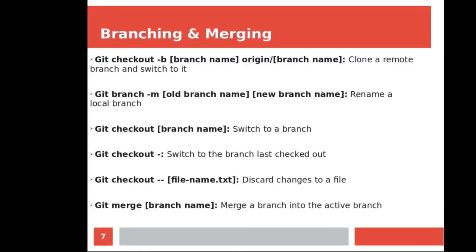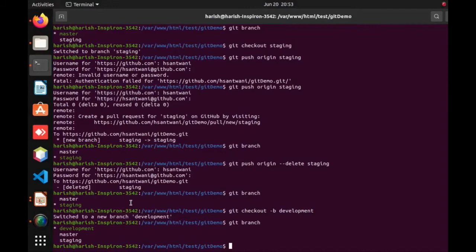Now the next command is git checkout -b branch name origin/branch name. If you have a branch on the remote and you want to create that branch locally from the remote, see here, I am deleting the master branch from my local.